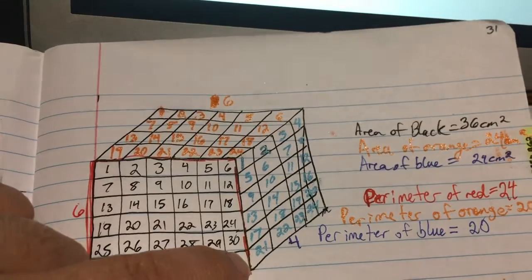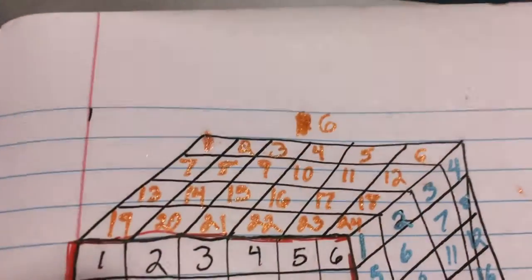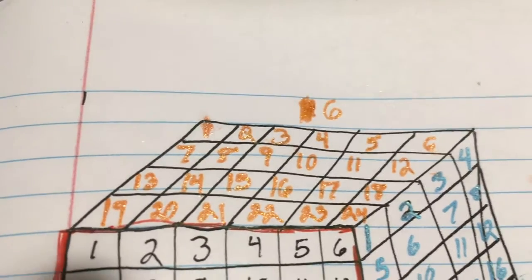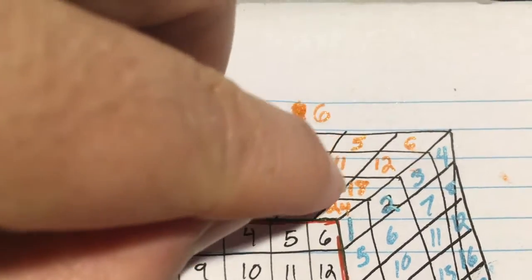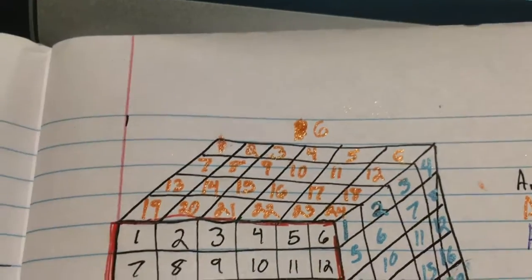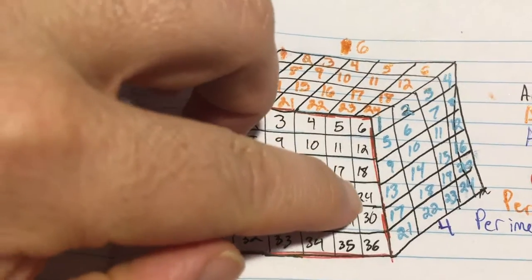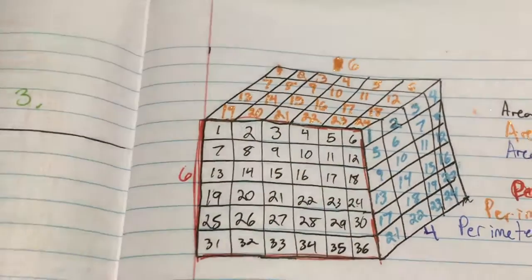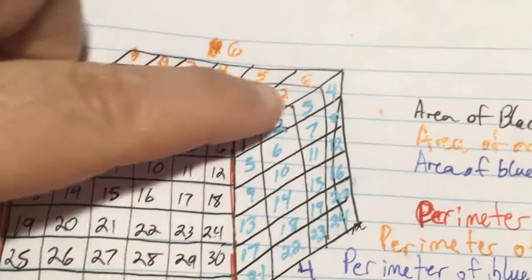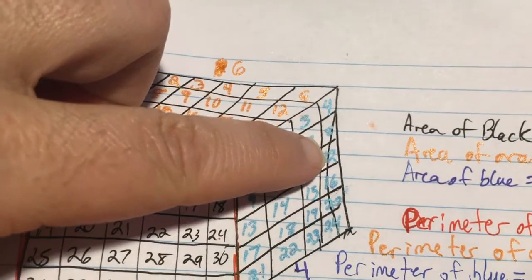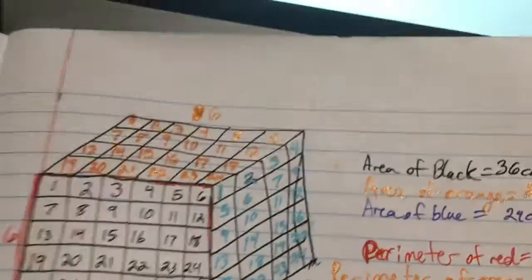And so what you'll notice then is it's the same thing up here in the orange. 6, 12, 18, 24. Here you have 6, 12, 18, 24, 30, 36. And over here you'll see it's actually in 4s. 4, 8, 12, 16, 20, 24.